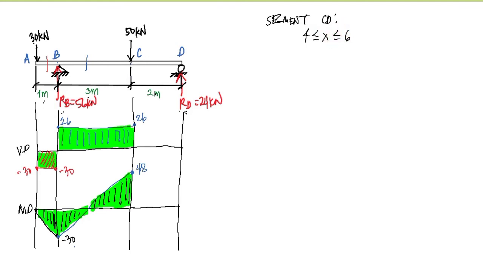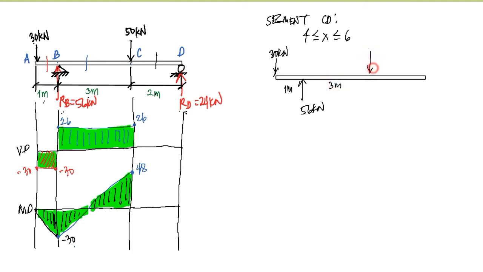So for the segment CD, we are going to cut over here any point between point C and point D. We have here 30 kilonewton, and at 1 meter here we have the reaction, which is equal to 56 kilonewton, and at 3 meters we have 50 kilonewton load.